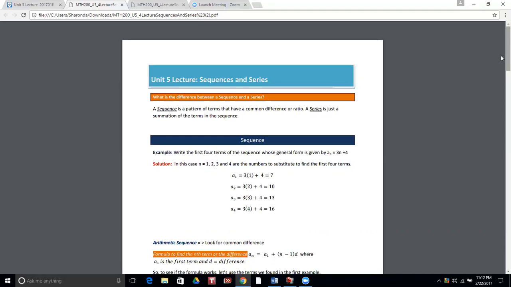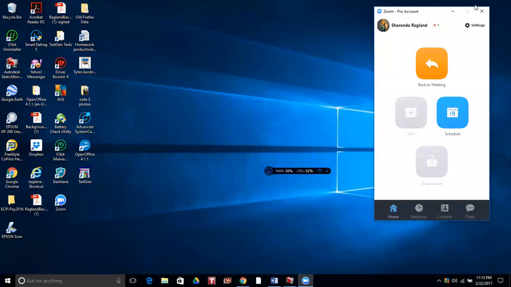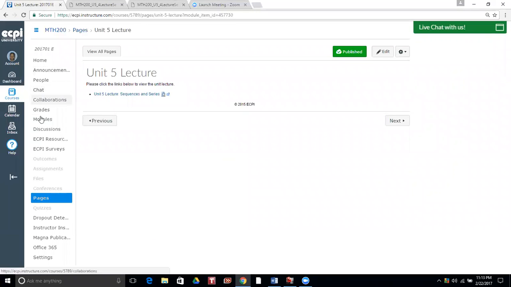Make sure that you have the rubric for the grading of the project. Let's look at that.